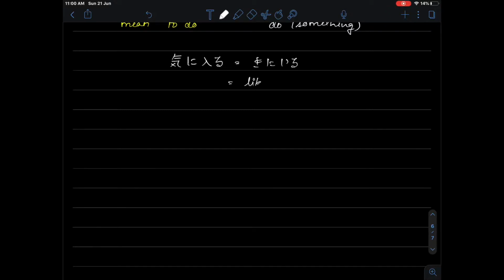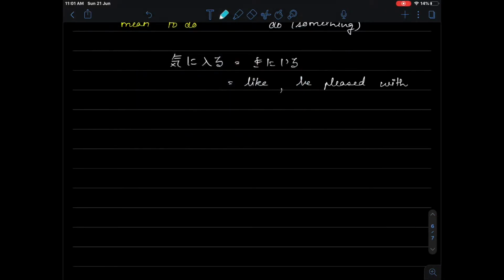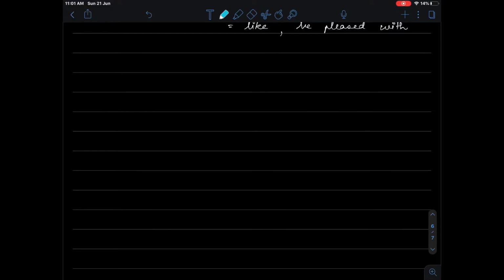Kiniru, which means to like or be pleased with. It's a little difficult for me also to rationalize this, so I'm not going to. I apologize if you were waiting for me to come up with one. Anyway, moving on to the next one.